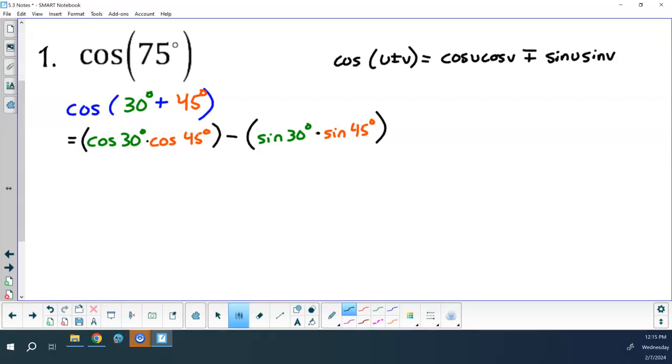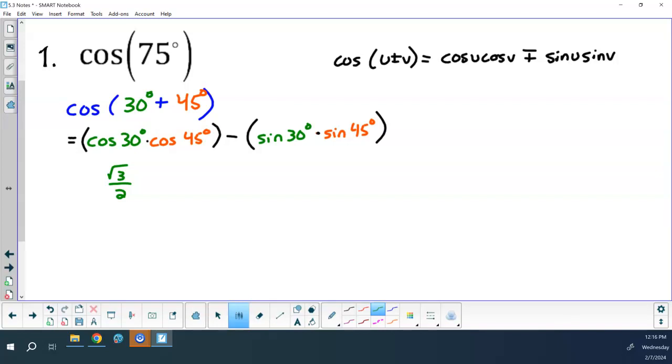Unit circle work now. What is the cosine at 30 degrees? Cosine at 30 degrees. The cosine. Square root of 3 over 2. The sine will stay at 30 degrees.